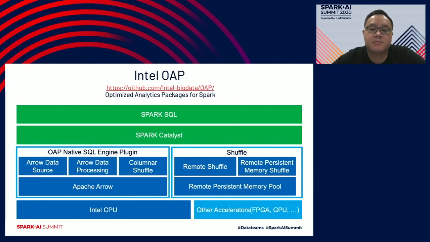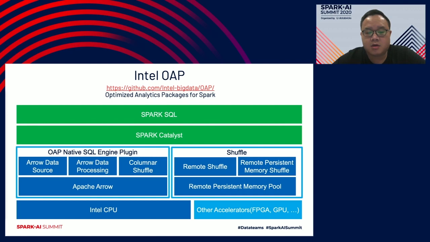So the remote persistent memory is actually part of our big project called the Optimized Analytics Package for Spark, which includes multiple optimizations based on Intel architecture and the most advanced hardware for Spark.